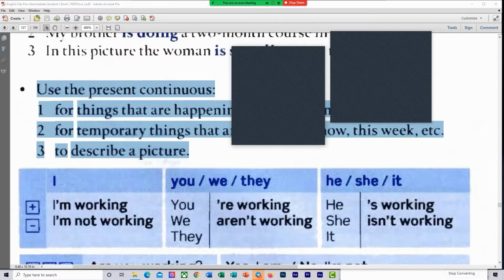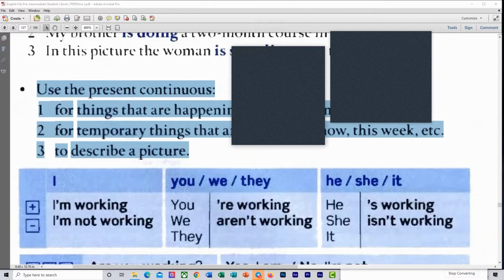And for rule number 3, we use the present continuous to talk about the description of a picture. For example, you see a picture of Mr. Ray, so you can say, Mr. Ray is wearing a very nice watch.